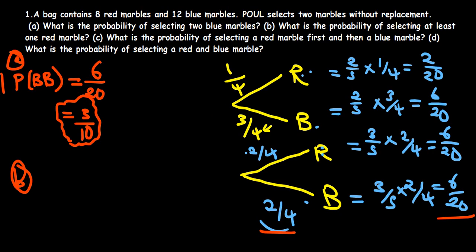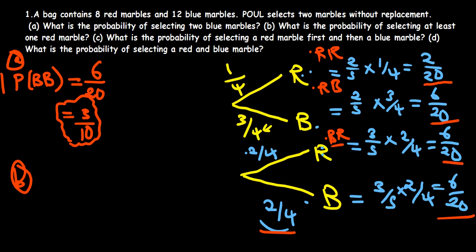The probability of selecting at least one red marble is, we can select red and red, or red and blue, or blue and red. So in these three scenarios here, we see that we have at least one red marble. So to find the probability, we are just going to add the probability for red and red, plus the probability for red and blue, and then the probability of blue and red. Okay, and then we find our answer.